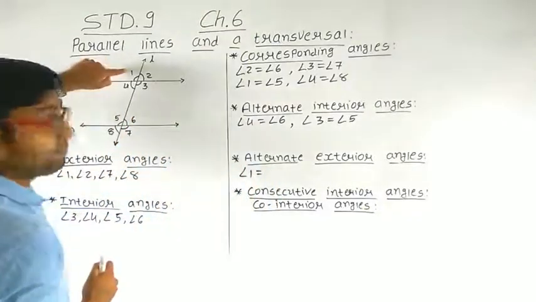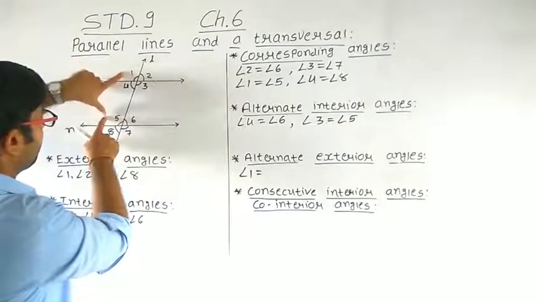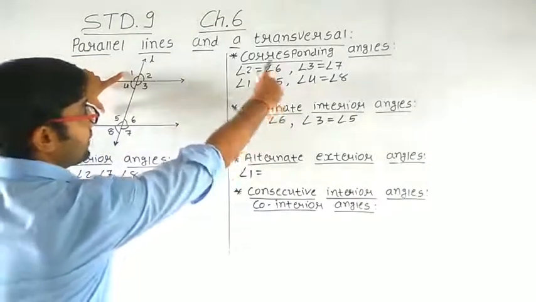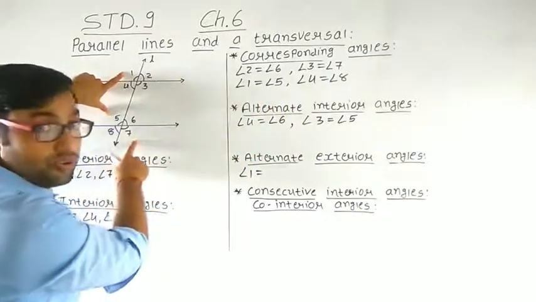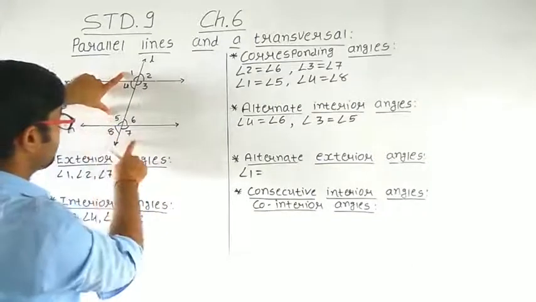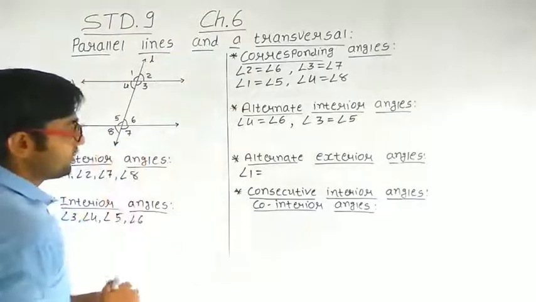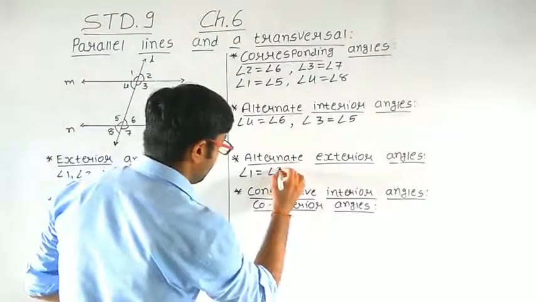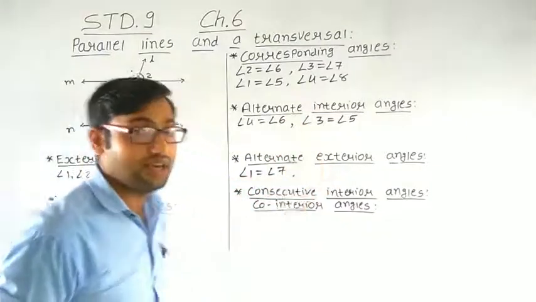Angle 1 is here and angle 5 is here. 1 and 5 are the corresponding angles. 5 and 7 are vertically opposite angles. That means 1 is equal to 5, 5 is equal to 7. That means 1 and 7 are also equal. So angle 1 and angle 7 are making a pair of alternate exterior angles.